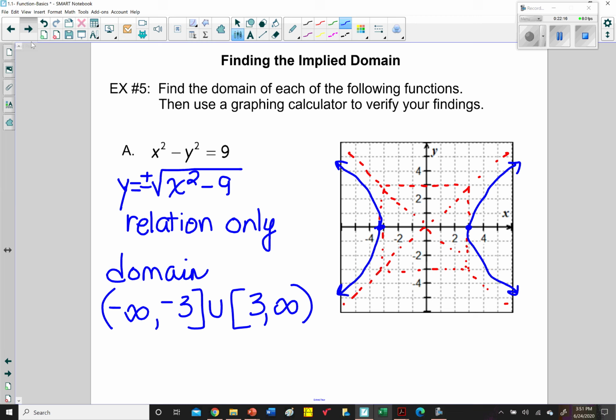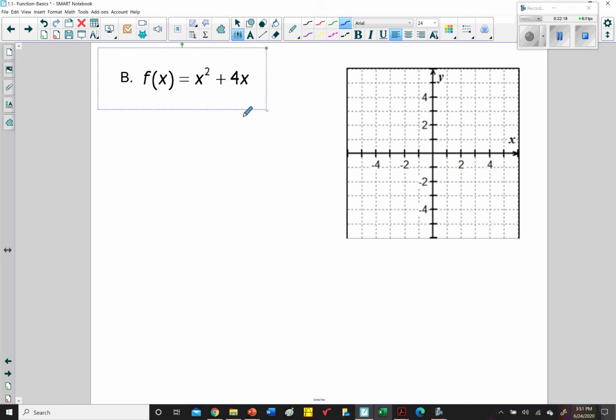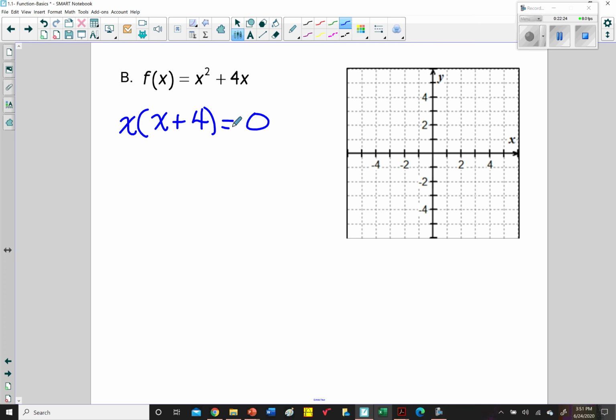The next one, well, that's very familiar. So if we factor the parabola and solve for 0, we have a 0 at 0 and another 0 at -4. And if you take half of the 4, that's at -2.